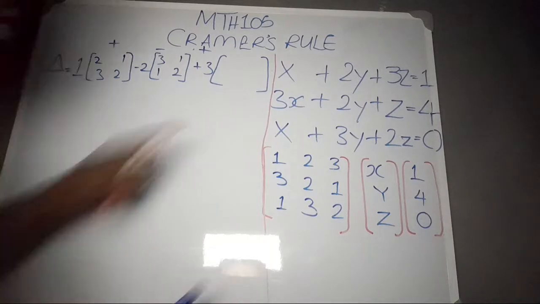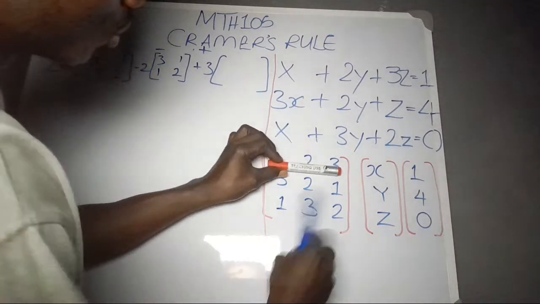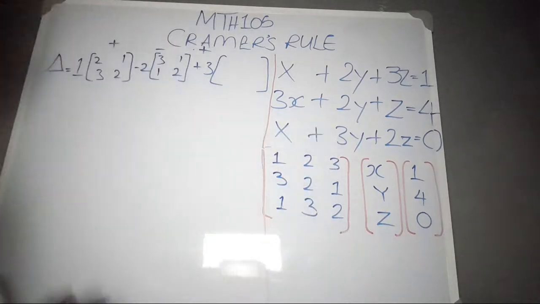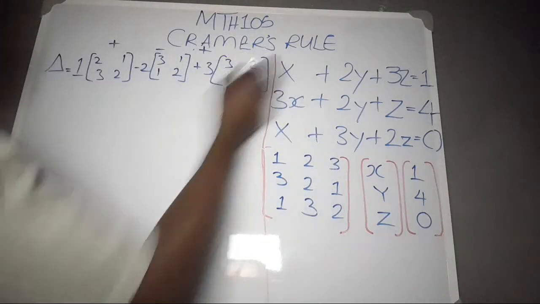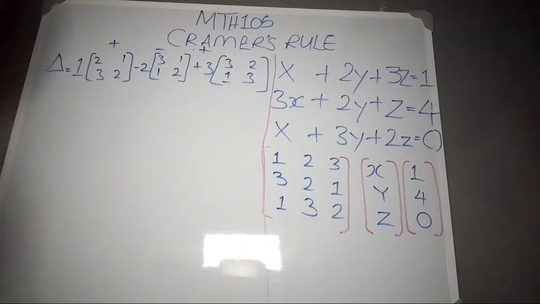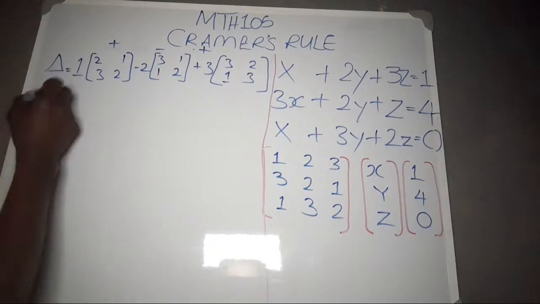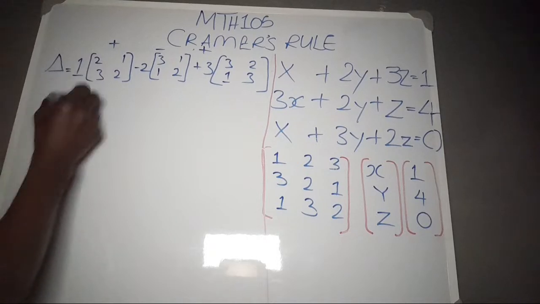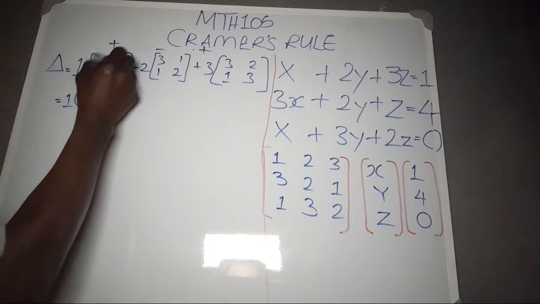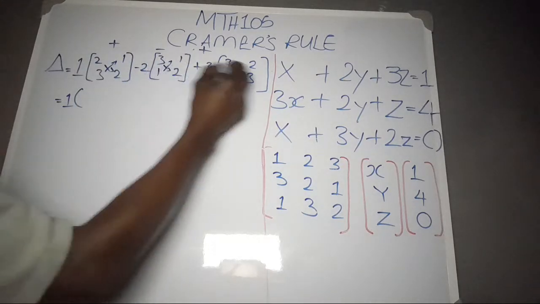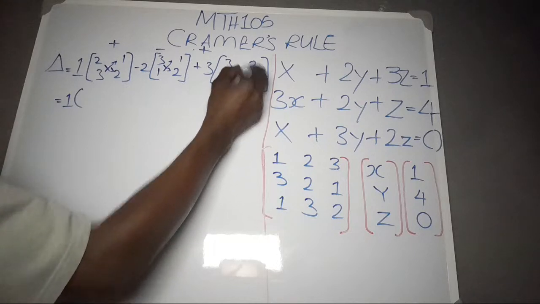So for 3, we are doing row 1, column 3. Then we take out this. We have 3, 2 and 1, 3. So without wasting much of our time, just say 1 into bracket. This multiplies this, and that multiplies that.